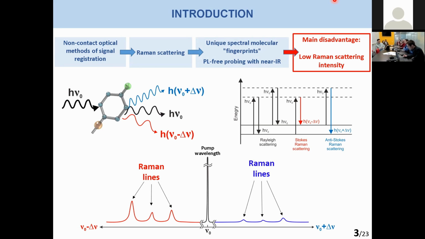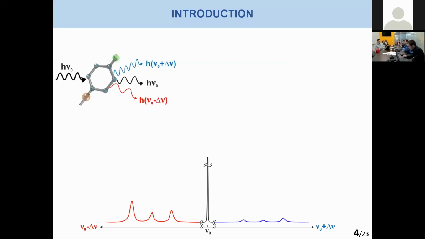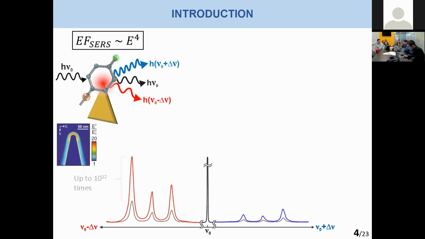Nevertheless, this disadvantage could be avoided if we use so-called surface-enhanced Raman scattering, which is based on the interaction of molecules with a nanoscale optically resonant nanostructure that localizes incident laser radiation in the vicinity of the surface, which leads to the formation of electromagnetic hotspots.